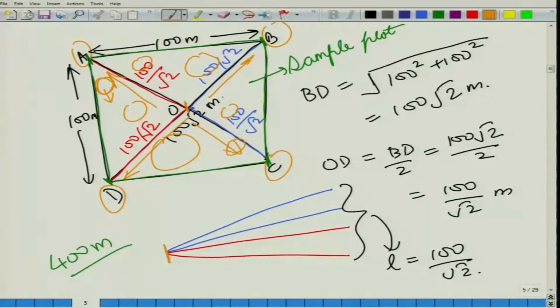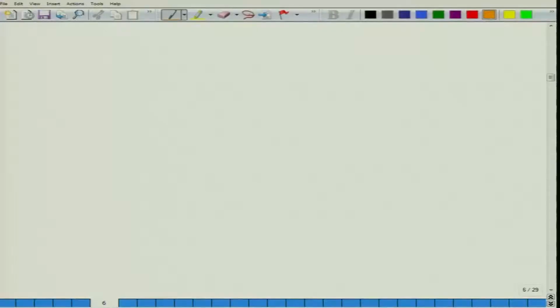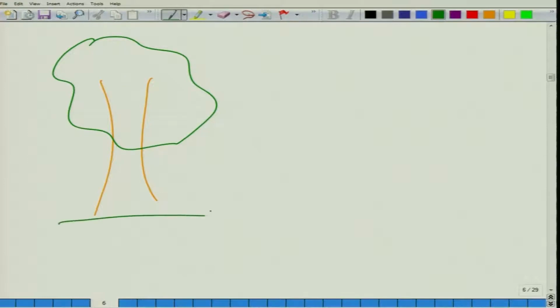However, in the case of point sampling, when you observe a tree with your wedge prism, you will see some sort of displacement. So, now suppose your displacement is this much.